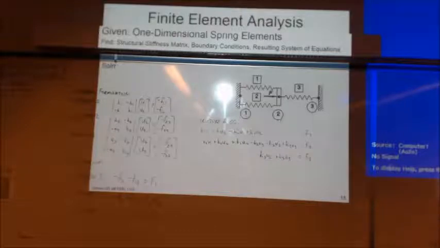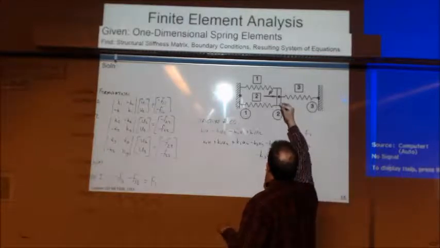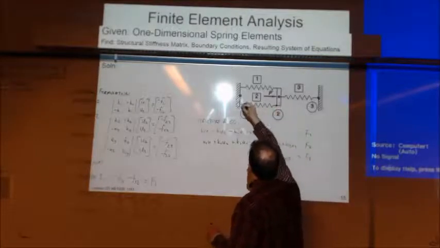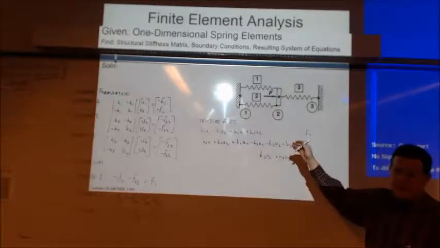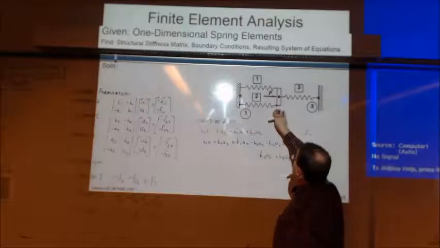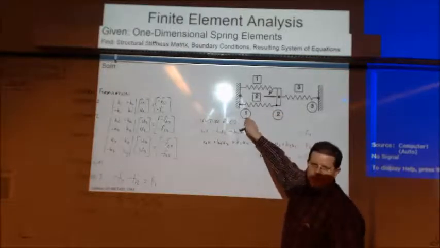Yes, sir. At element 2, shouldn't there be a negative F2,1, a negative F2,2, and a negative F2,3? Element next to all 2, 3. Well, okay, element 2 is here, and I know we have these dots here, and that's what we want to represent, but element 2 actually only connects to this node and this node.